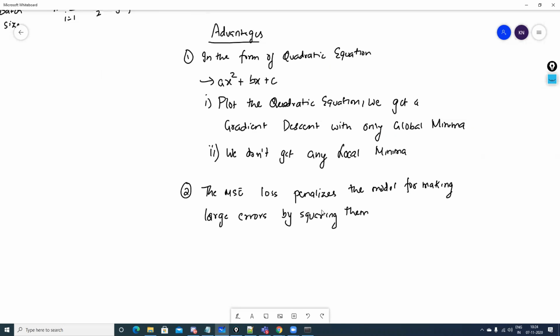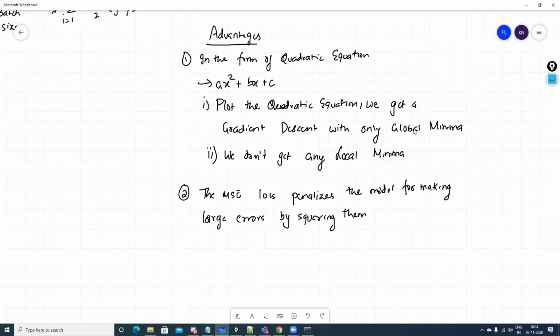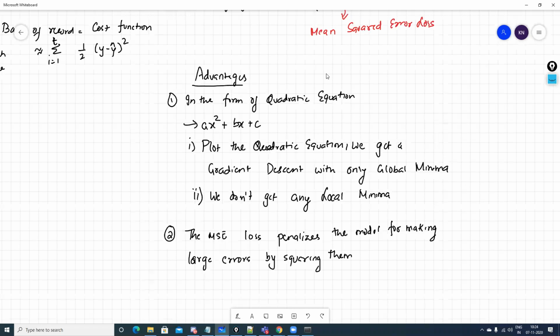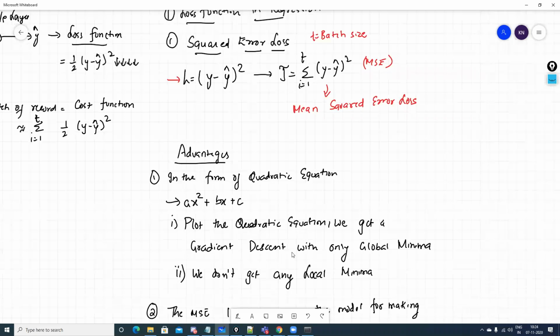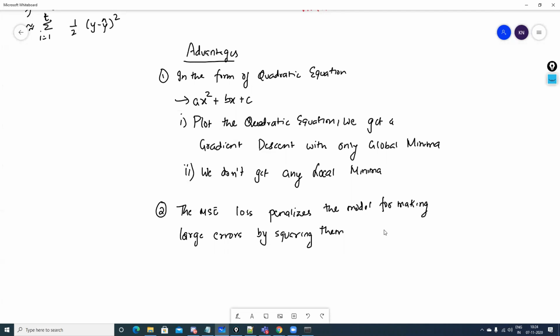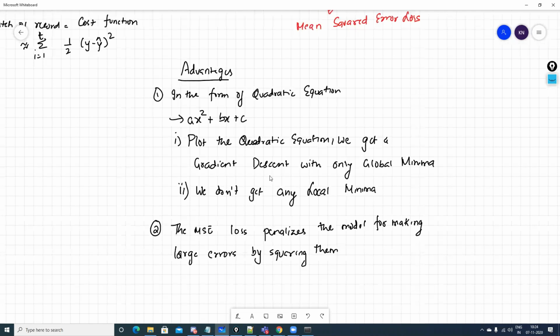And by this, our optimizers will definitely know that yes, we need to fix this issue. This MSE loss penalizes the model for making larger errors by squaring them. Whenever there is a larger error, we penalize it by squaring it. That is the next property of this MSE loss function.